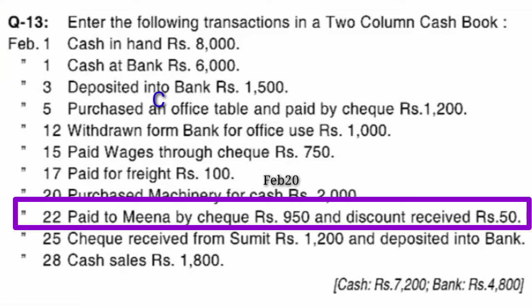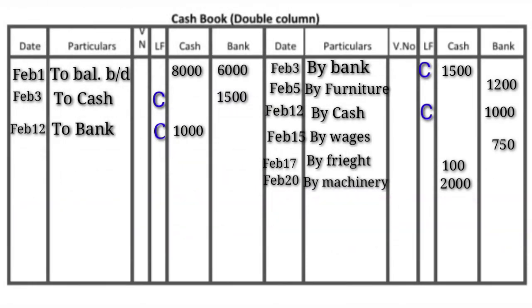Here discount received we will not record in the cash book. That we will record in journal proper. Okay, here 950 is decreasing from bank. So we will enter the credit side of bank column 950 and date Feb 22 by Meena.